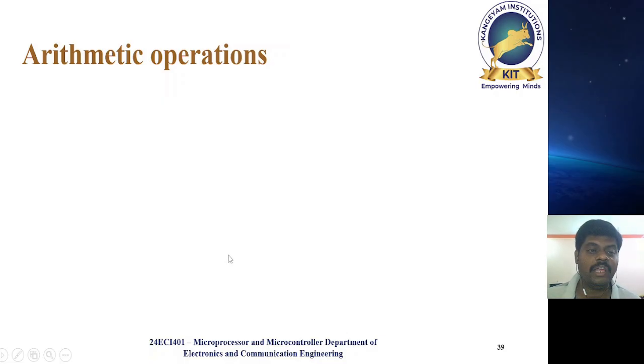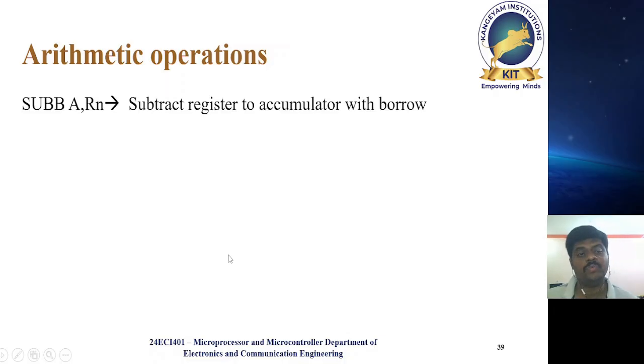Next instruction is SUBB A comma Rn. We know that SUBB means subtract with borrow. There is no instruction of subtraction without borrow. There is addition without carry, but without borrow you can't subtract. In 8051 all the subtractions are with borrow only.